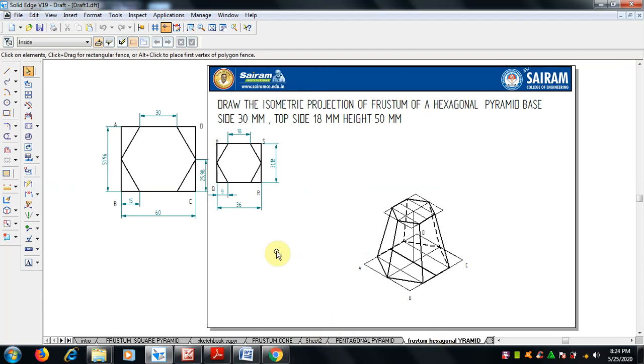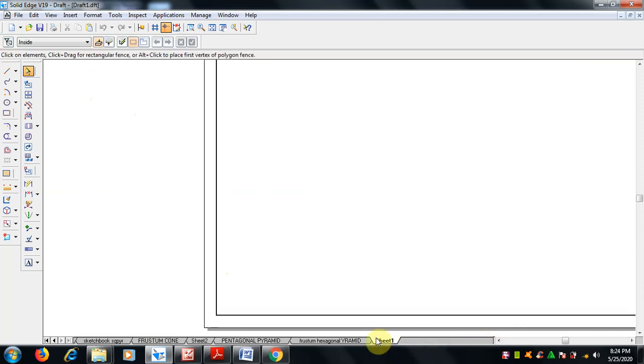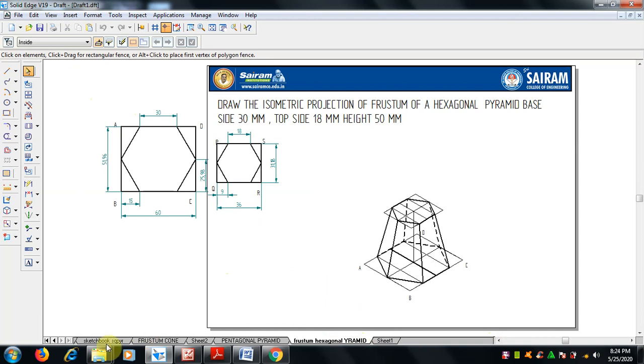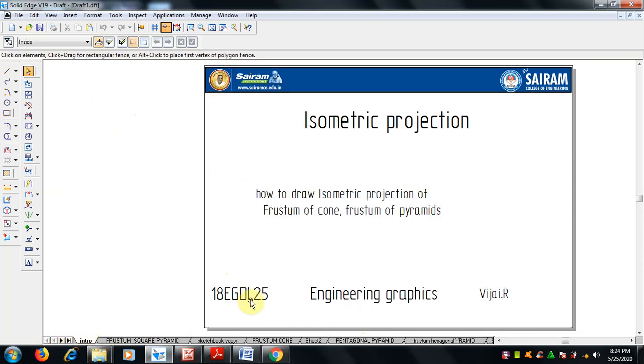I hope you have understood. Right. Now what we have covered is frustum of cone and frustum of hexagonal pyramid, pentagonal pyramids. Okay.